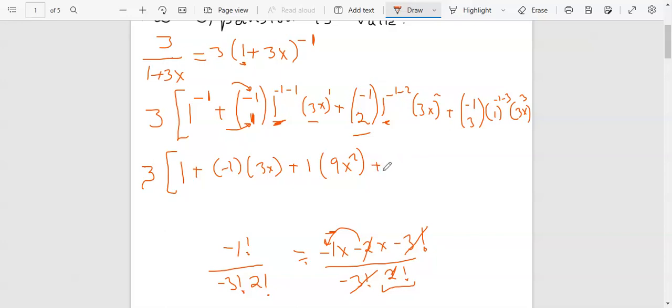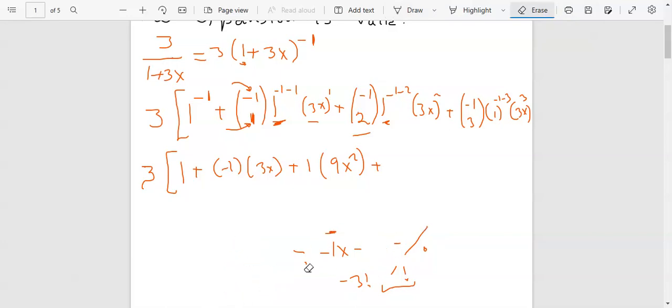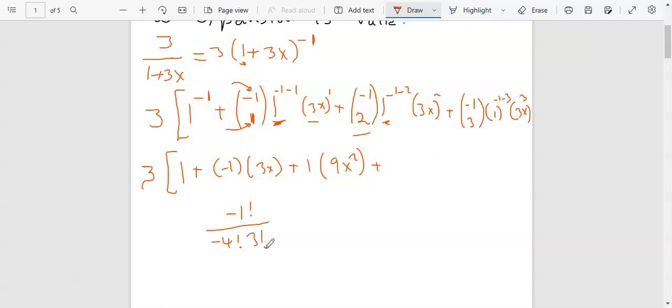After you do that, the next thing, go to negative 1 combination 3 also, in the same process. So for negative 1 combination 3, that will be negative 1 factorial divided by, in the denominator you subtract negative 1 minus 3, that will be negative 4, put a factorial, and whatsoever is in the denominator, that is a 3, you write it down also.